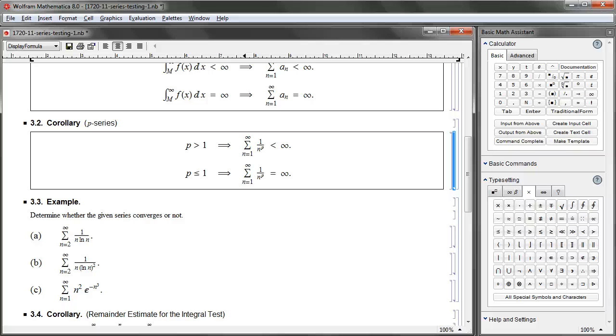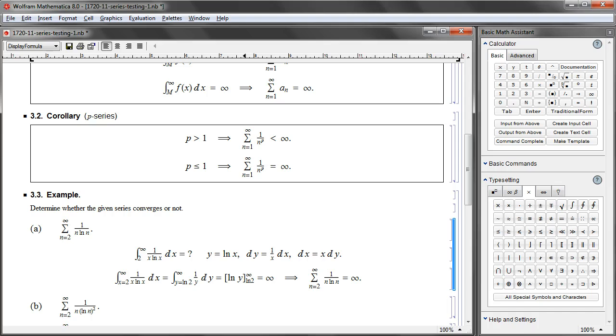Now let's work on some examples that can be done with integral tests, and the very first example is the most typical, maybe the only worthy example for integral tests, maybe. It goes like this. Take this function 1 over x log of x and integrate it using integration by substitution.